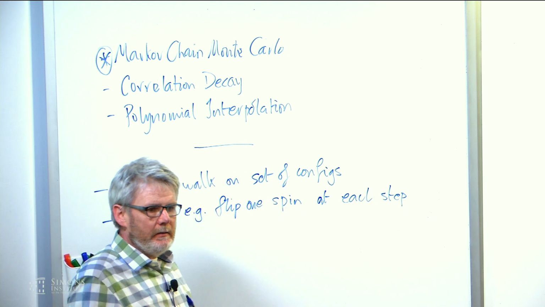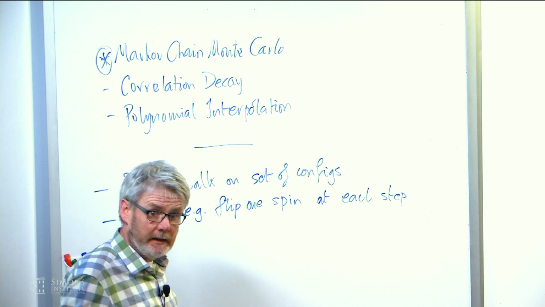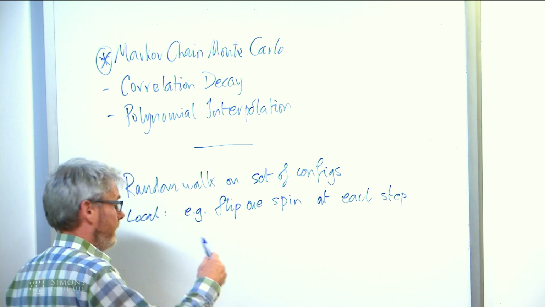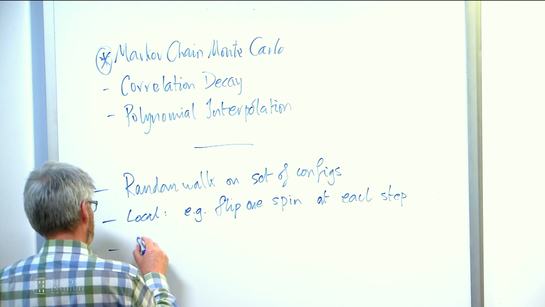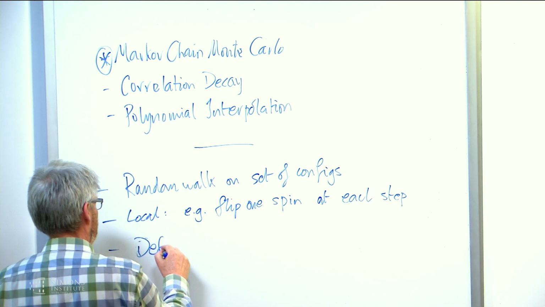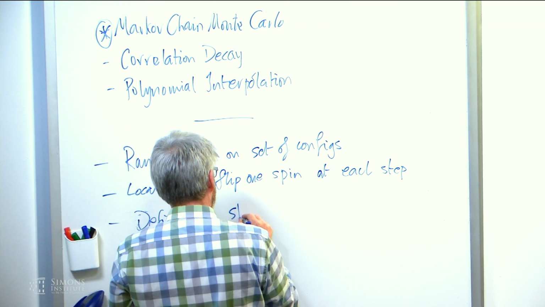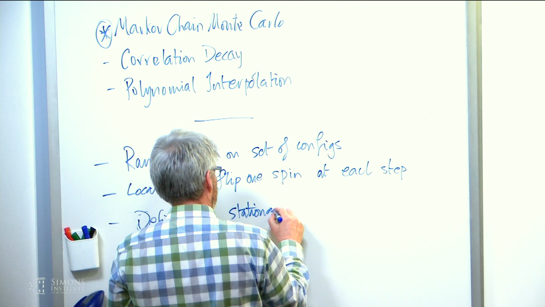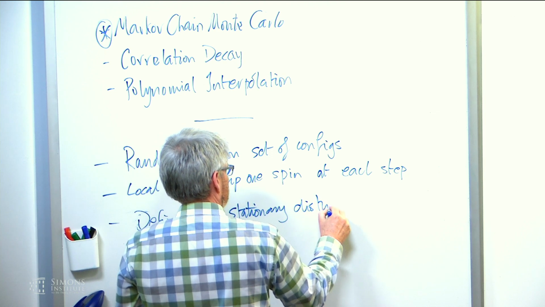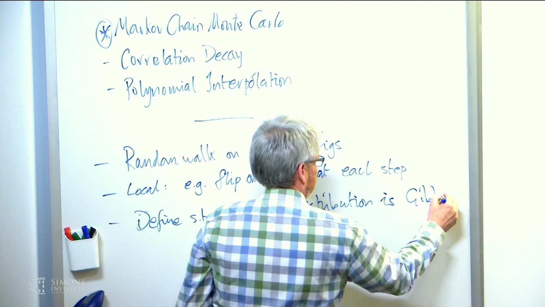And it's easy to arrange the flipping probability so that you will converge to the Gibbs distribution in the limit. So define it so that the stationary distribution of the Markov chain is what you want, the Gibbs distribution.